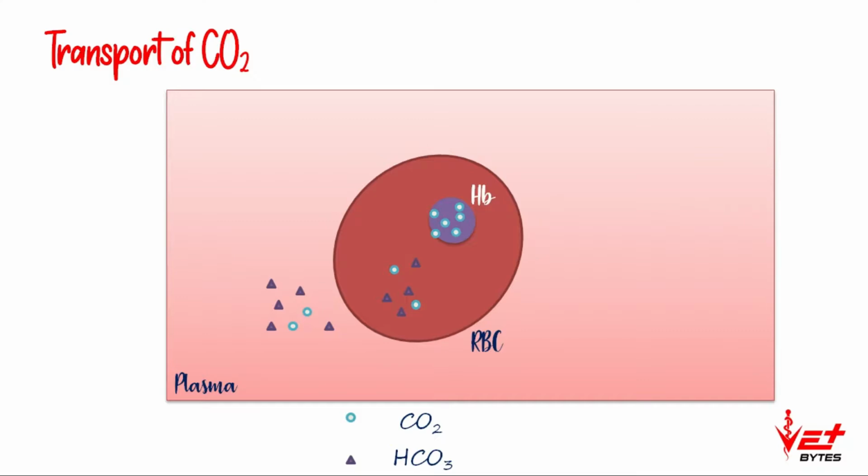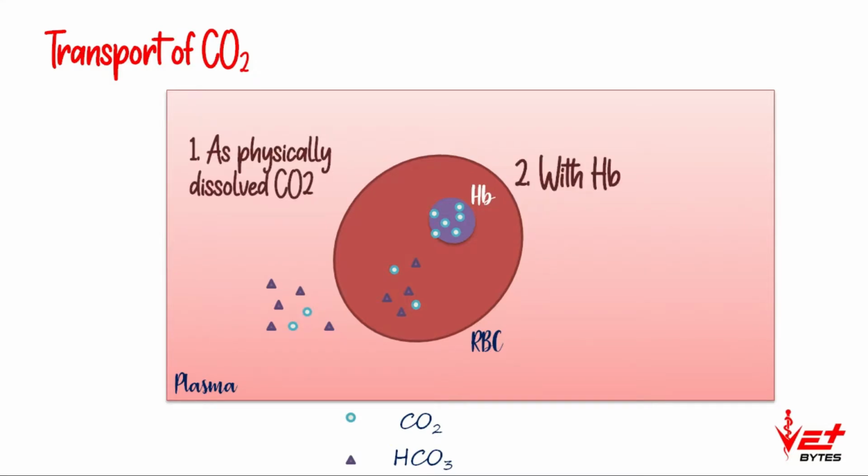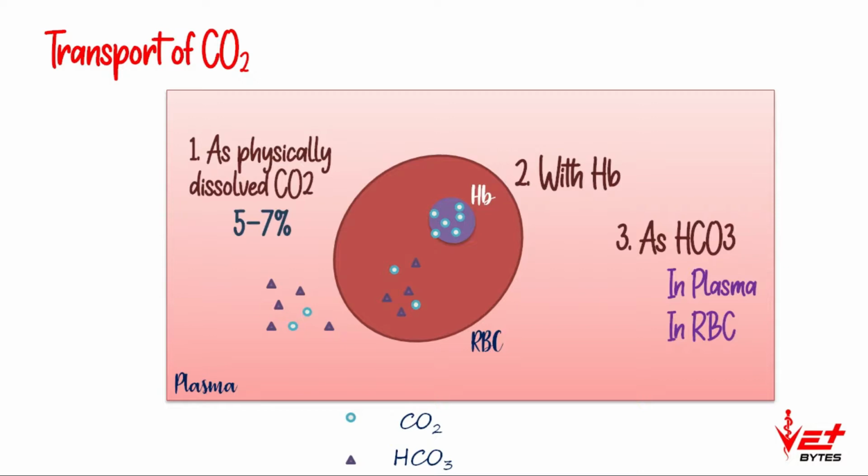So the transport of carbon dioxide can occur either as physically dissolved carbon dioxide, along with hemoglobin, or as bicarbonates. The transport as bicarbonate can occur either in plasma or in RBC. Only 5 to 7% of total carbon dioxide is transported in the dissolved state, 23% is transported along with hemoglobin, and the remaining 70% of carbon dioxide is transported as bicarbonates.